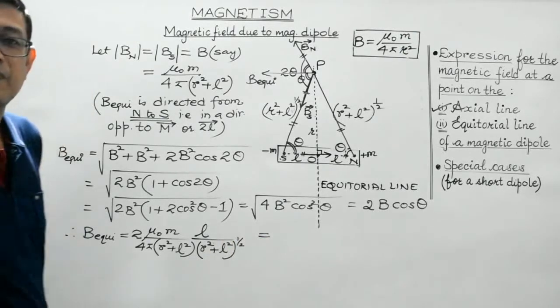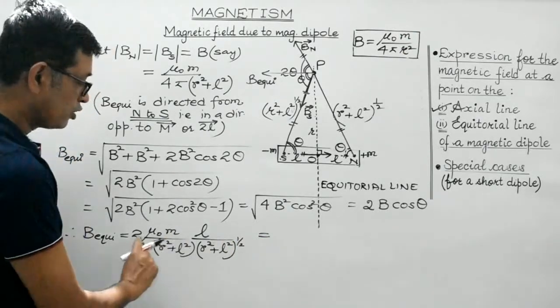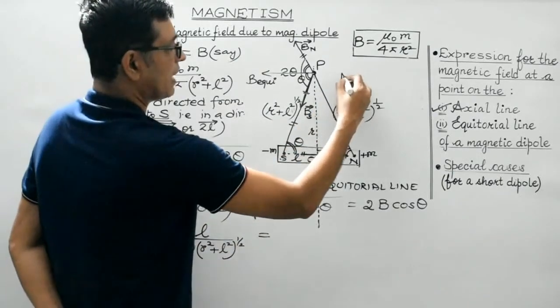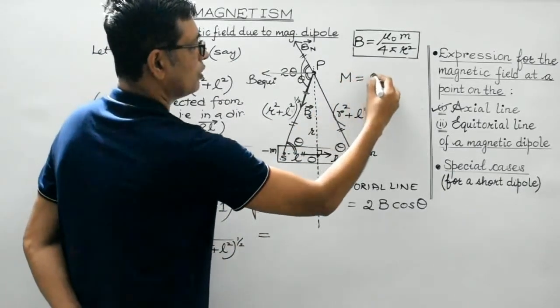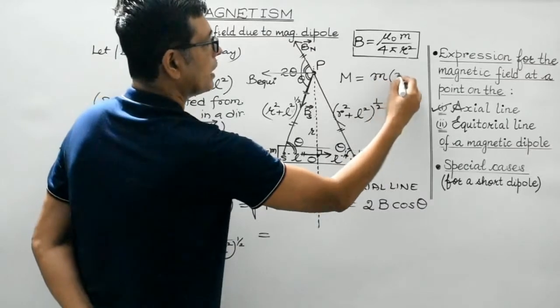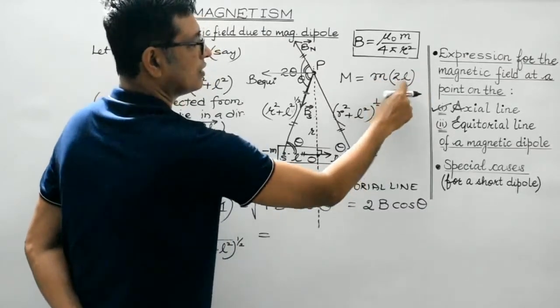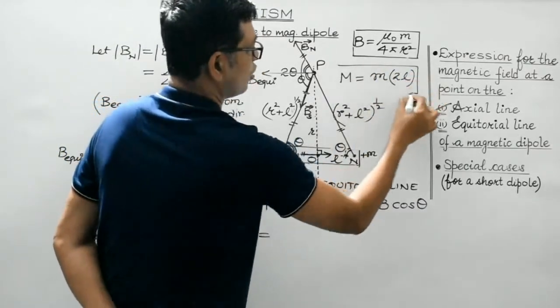Clear students? Now look, m into 2L. As you are aware, the magnetic moment of a magnetic dipole is m multiplied by 2L. This is the pole strength and this is the magnetic length. So this we are already aware.